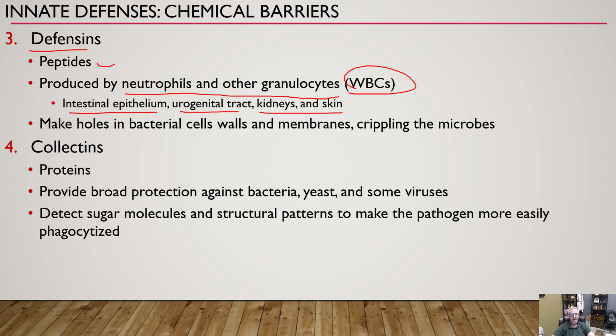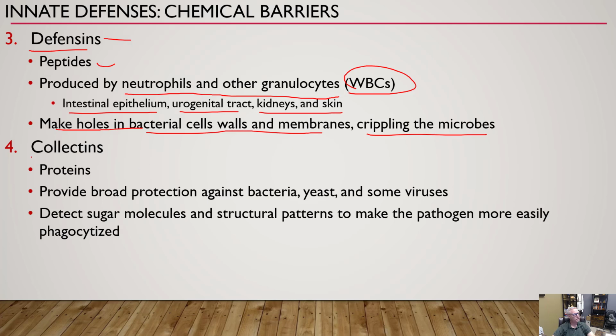And basically, defensins are just going to make holes in bacterial cell walls and membranes, and they're just going to kind of cripple the microbes. So key takeaway, defensins are just going to kind of tear out the bacterial cell wall membranes.